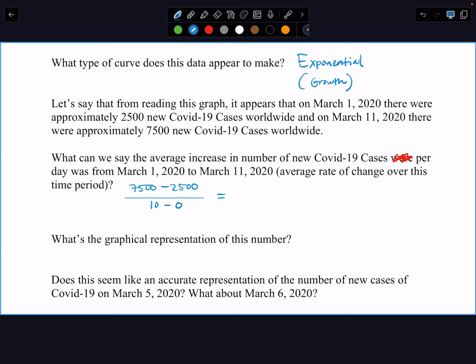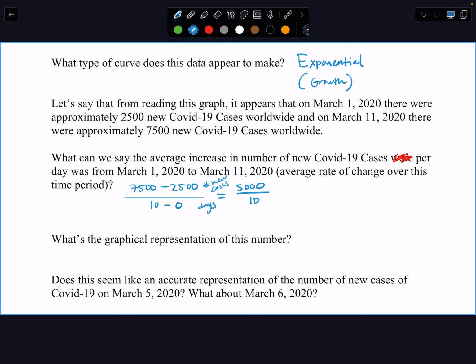Okay. And then 7,500 minus 2,500 would be 5,000 over 10. If you're thinking units, this would be number of new cases over number of days.